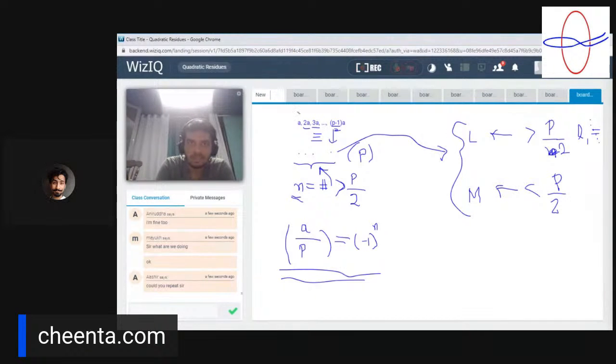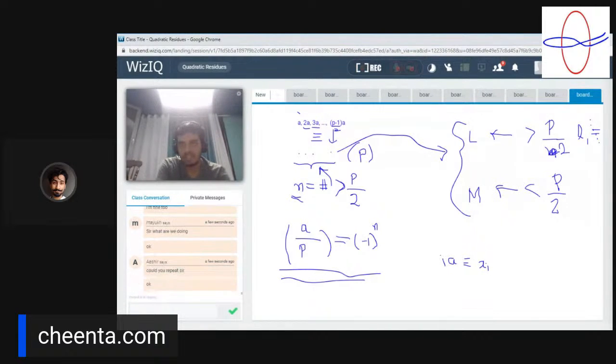Let's say ia is congruent to xi, and ja is congruent to xj, then xi is not congruent to xj.